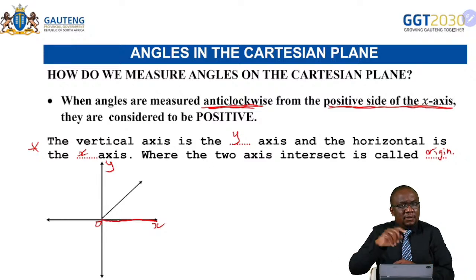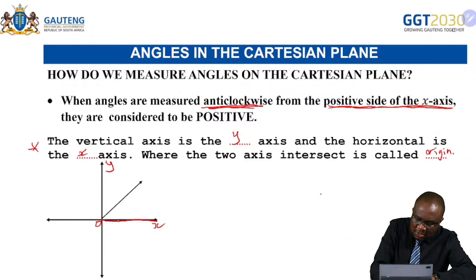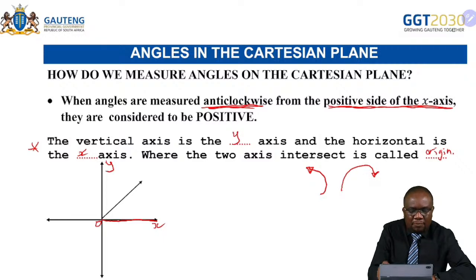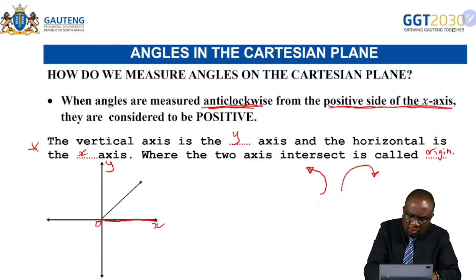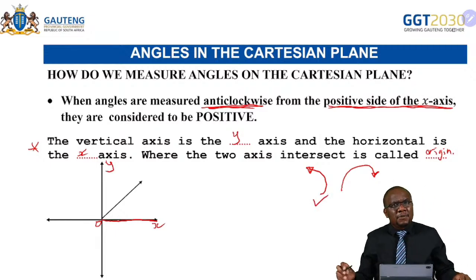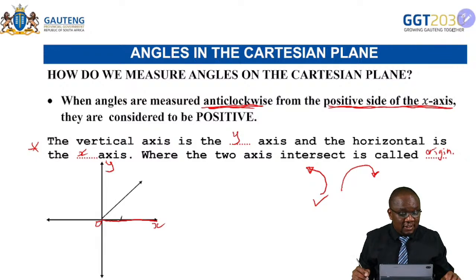The clock goes this way; anti-clockwise is this way. Clockwise is the other way. So when angles are measured anti-clockwise from the positive x-axis, they are considered to be positive.